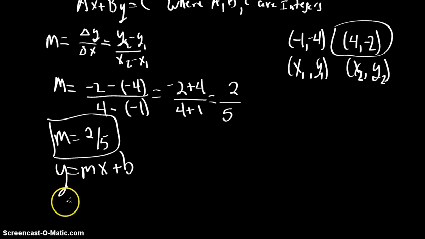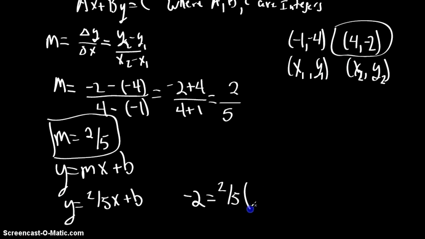So I'm going to rewrite this as y equals 2/5 x plus b, and my next step, I'm going to plug in my values. So for my y is -2, so it's going to be -2 equals, my slope is 2/5, and my x value is 4 plus b. Remember, I got those x and y values from right up there.